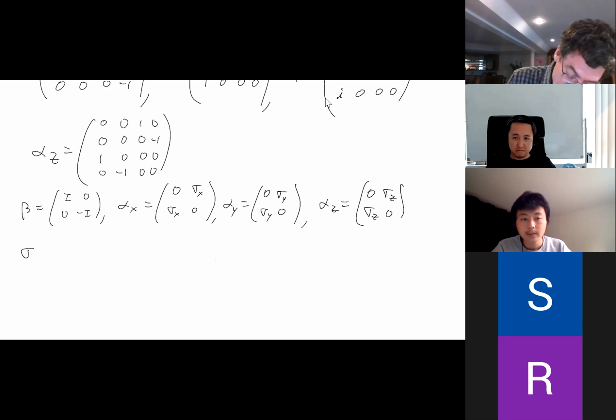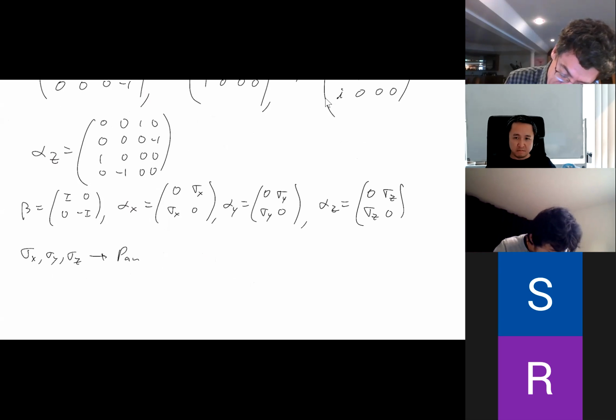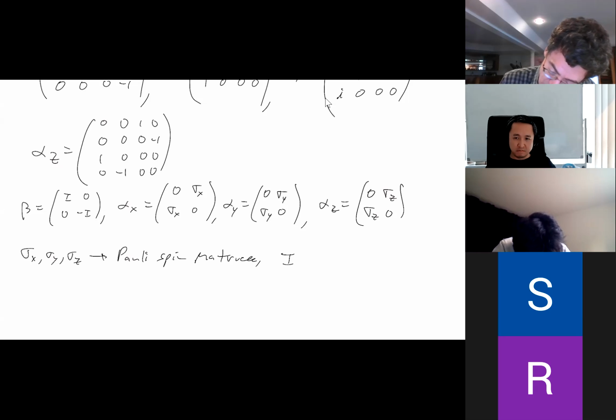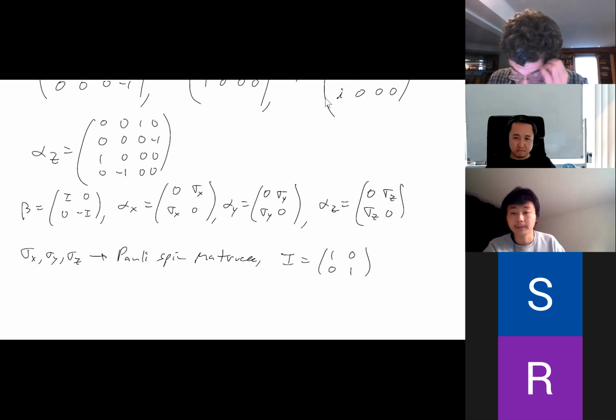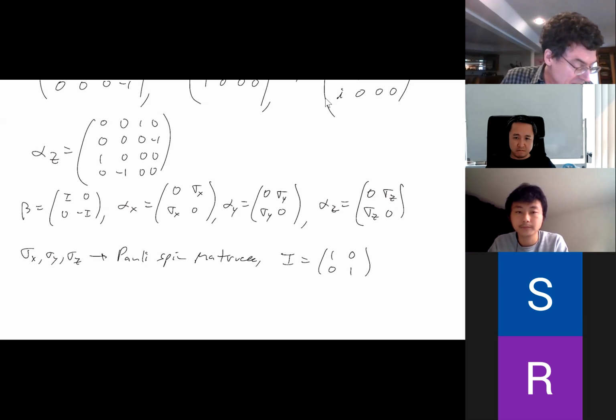Where sigma x, sigma y, sigma z are the Pauli spin matrices. And I, of course, is just the two-dimensional identity matrix.